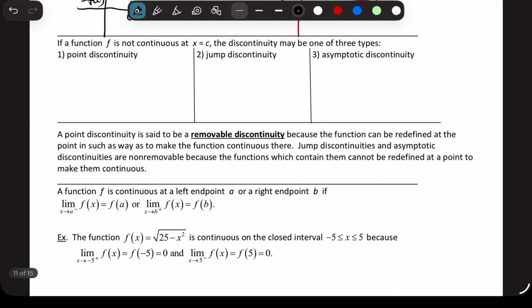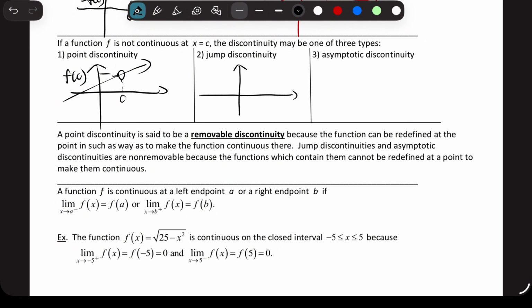If a function f is not continuous at x equals c, the discontinuity may be one of three types. We have point discontinuity, which we talked about before. There's a hole at c, f of c. A jump discontinuity means that there's a change of value.